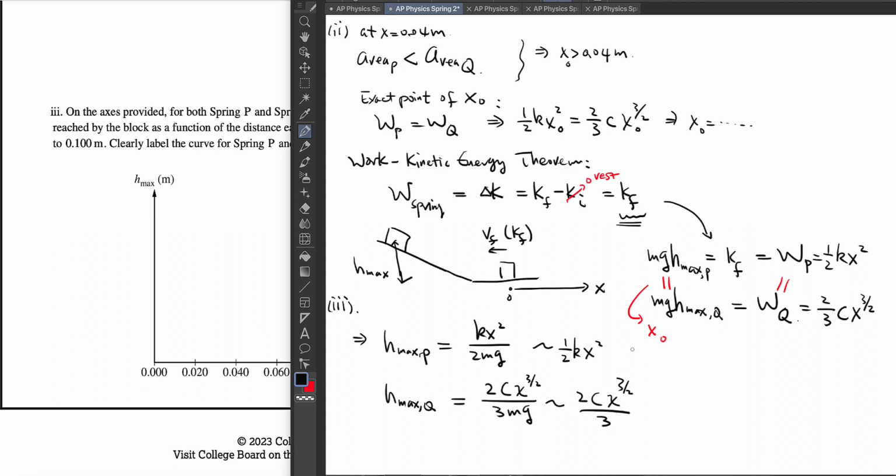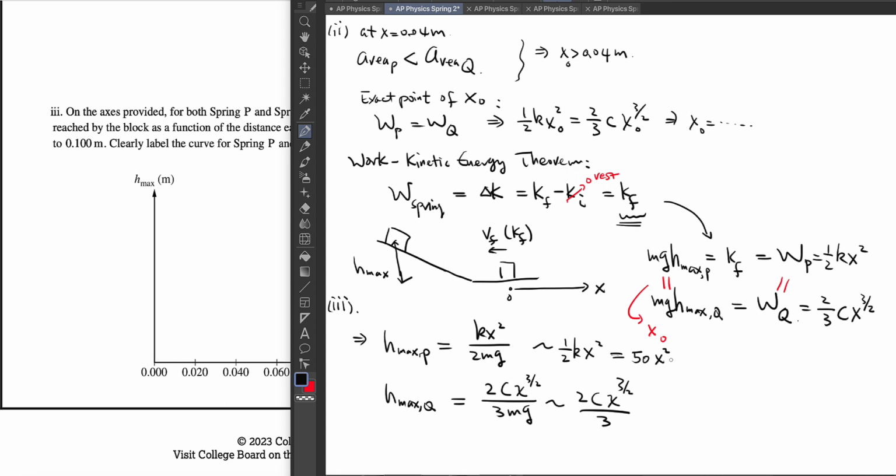These two curves are given by, this one is easy, quadratic. Since k is 100, let's plug in k, so we get 50 x squared. It's going to be just a quadratic curve going through the origin.